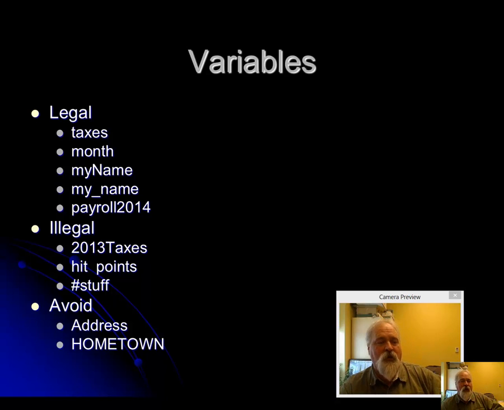There are two ways of doing that. You can do camel casing, where you put the first letter of the next word in uppercase. So "my" is all lowercase, and then the letter N in "name" is uppercase. Then when I'm reading it, I know it's "my name," not "Minami" or something like that. Same thing with the next example.